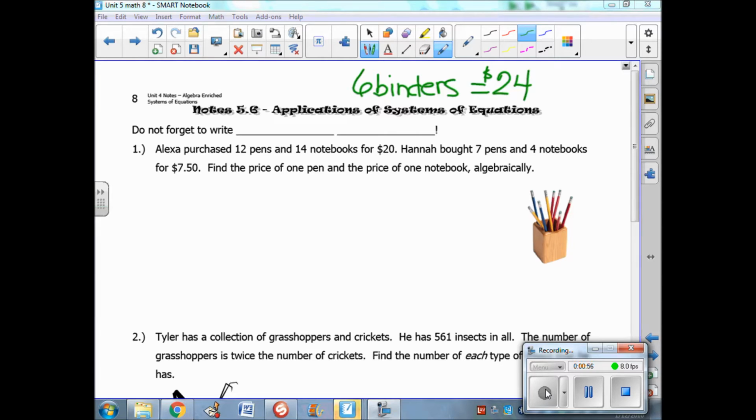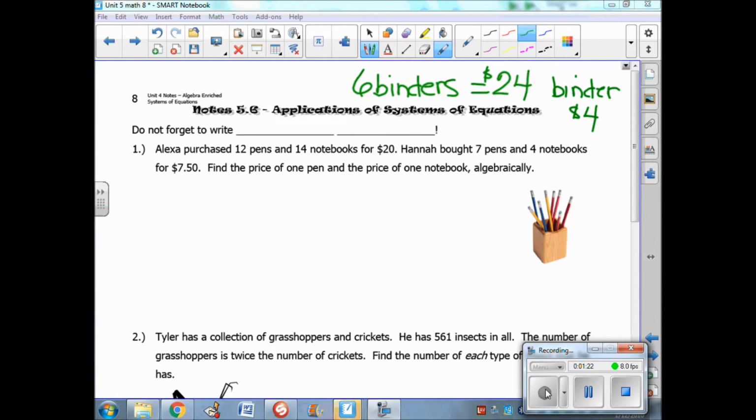Your total was $24. Hopefully you're saying in your head, $4, Mrs. Swinson, it's $4. Yes, that's absolutely the case, because you would take the $24 and divide it by 6 and get that each binder is $4.